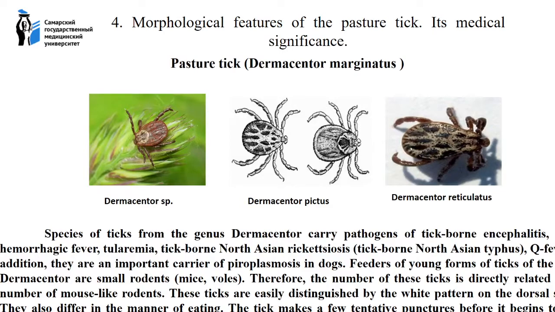Pasture tick, in Latin Dermacentor marginatus, a species of ticks from the genus Dermacentor, carry pathogens of tick-borne encephalitis, Omsk hemorrhagic fever, tularemia, tick-borne North Asian rickettsiosis, tick-borne North Asian typhus, Q fever.